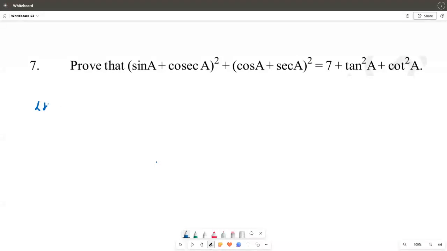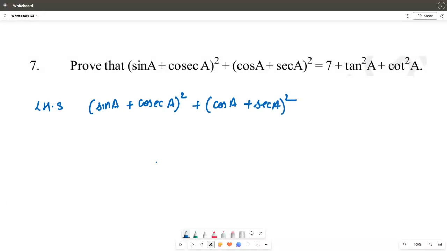So first let's consider the LHS, which is (sin A + cosec A) whole square plus (cos A + sec A) whole square.